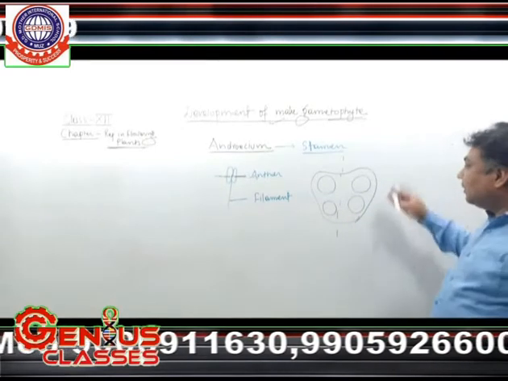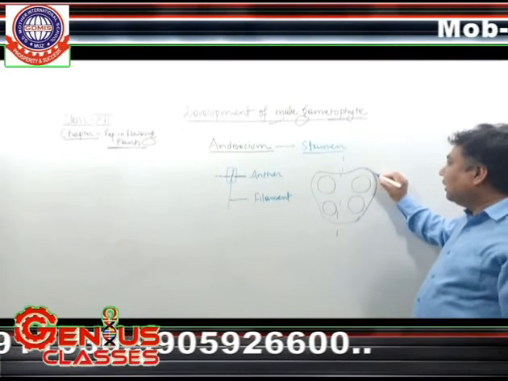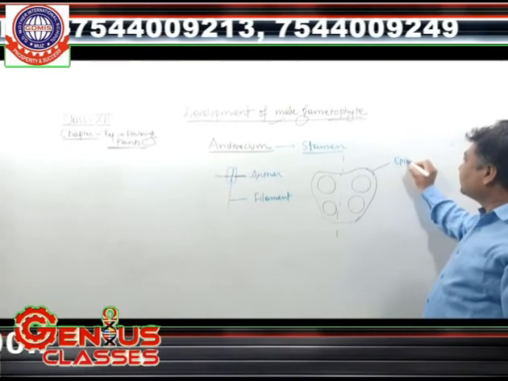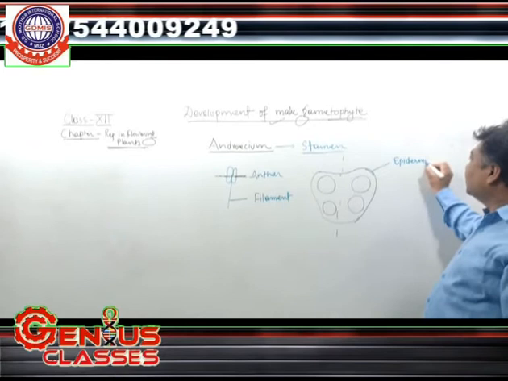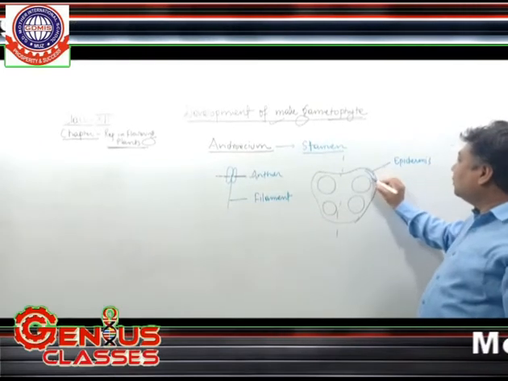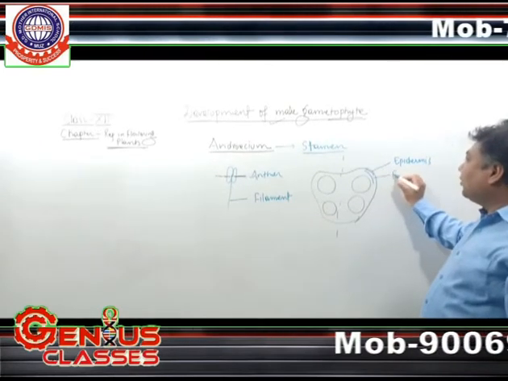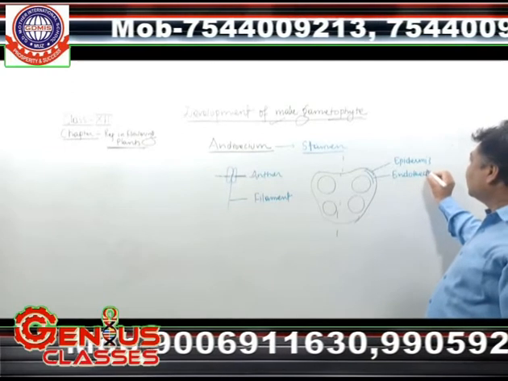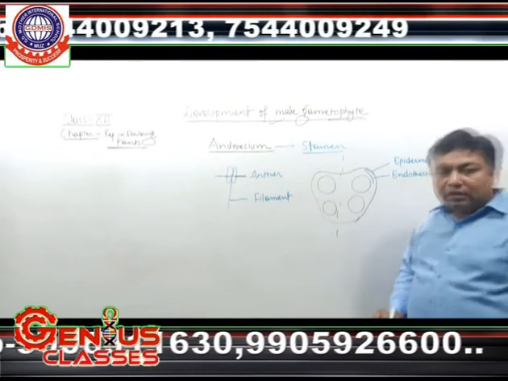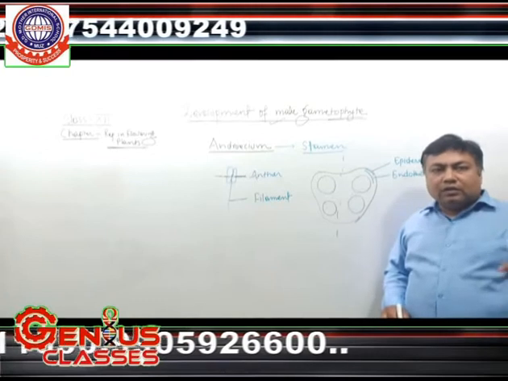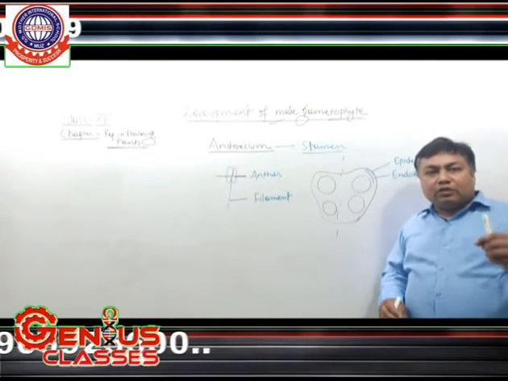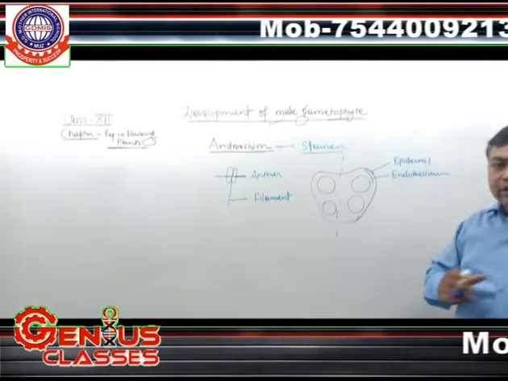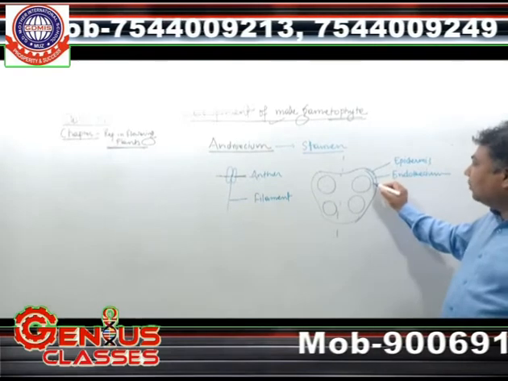The first layer of cells is called the epidermis. The second layer is called the endothecium. The third layer, in which there are 3 to 4 layers of cells which are very loosely arranged, is called the middle layer.